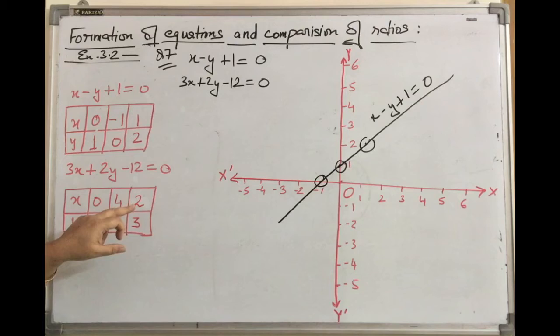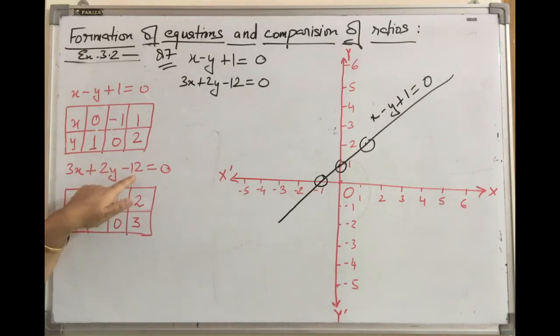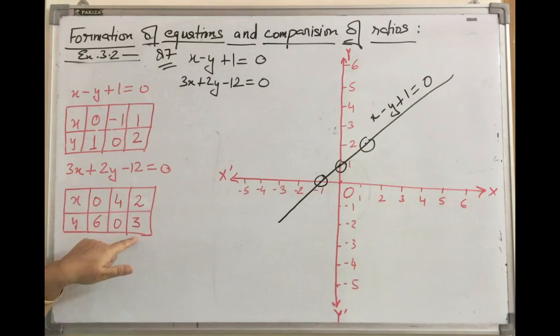Third value, I have taken the value of x as 2. You can take any value depending on your choice, but try taking preferably a small value so it's convenient for you to plot. So 2 3s are 6, 6 minus 12 we get minus 6, so the value of y comes out to be 3.